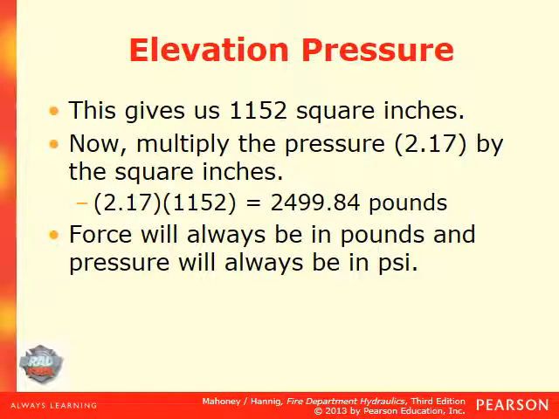So now that we have our square inches, that gives us that 1,152 square inches. Now we're going to multiply that by the pressure that we figured out earlier, remember? So that was 2.17. So 2.17 times our area in square inches, don't forget to do the conversion, will equal 2,499.84 pounds. And again, force will always be in pounds and pressure will always be in PSI. So that's a good way to remember the difference. Force is in pounds, pressure is in PSI.